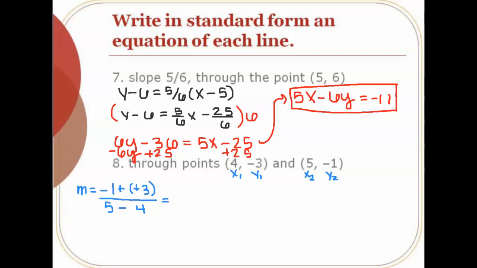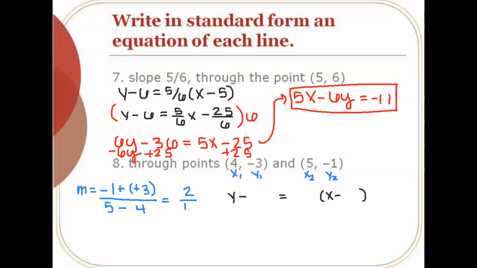And you get 3 minus 1, which is 2, over 5 minus 4, which is 1. So now I have my point and my slope.